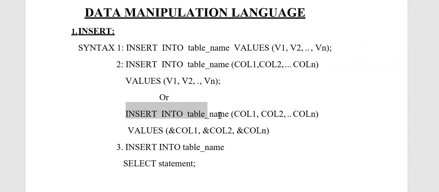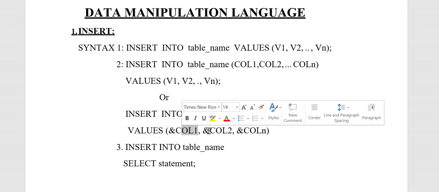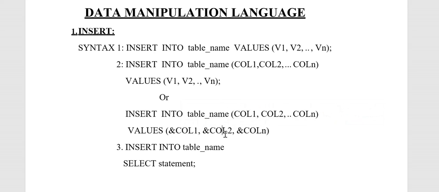So once you type the column names and the symbol, when you press enter, it will automatically ask for the values directly. We will see in practical to get a better idea.